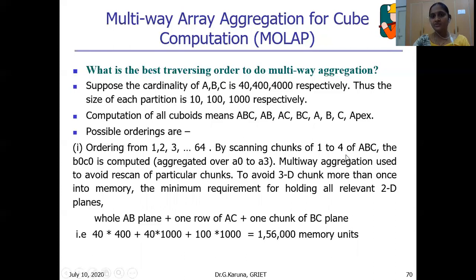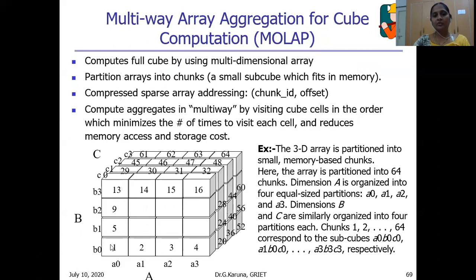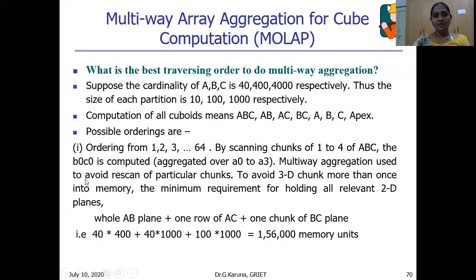If I consider this one, then scanning the chunks 1 to 4 of ABC with respect to the three dimensions, I am going to start with the AB plane, then consider the C plane. So B0, C0 is computed, aggregated over A0 to A3.